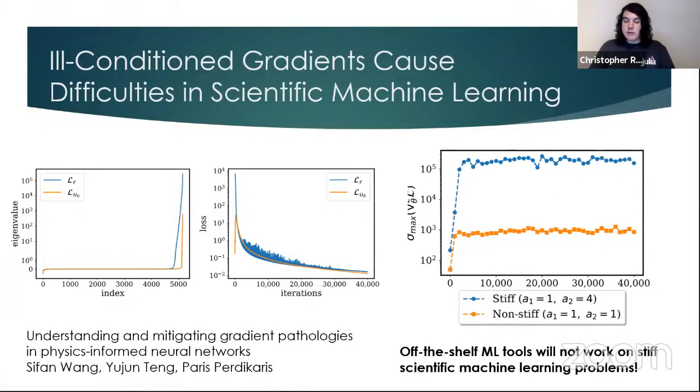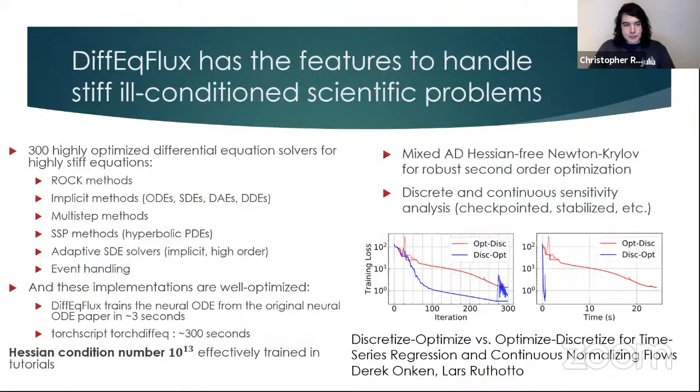So standard off-the-shelf machine learning tools like stochastic gradient descent are really related to the Euler method in optimization space, and they don't work well on these stiff problems. So we've been building out a lot of our own gradient tools, a lot of our own optimization tools, a lot of our own approximation tools, specifically to get around these problems that happen with off-the-shelf machine learning tools if they're to be applied to this domain.